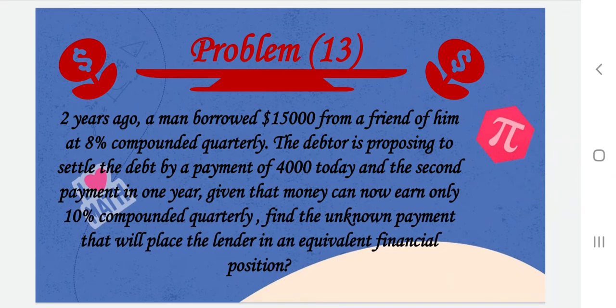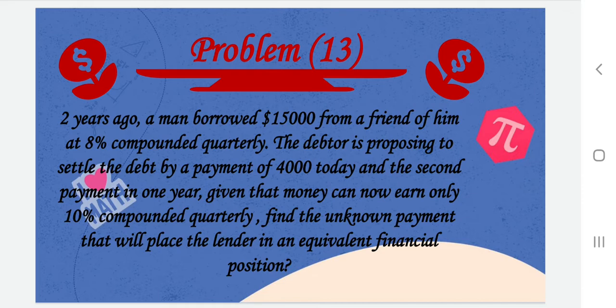Problem 13. 2 years ago, a man borrowed $15,000 from a friend of his at 8% compounded quarterly. The debtor is proposing to settle the debt by a payment of $4,000 today and a second payment in 1 year.